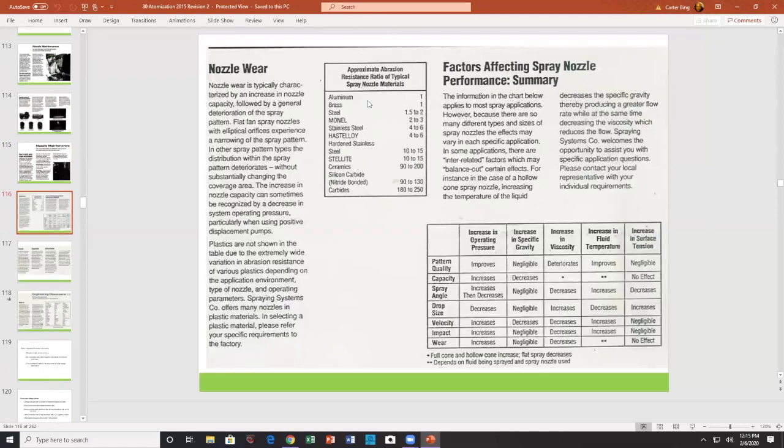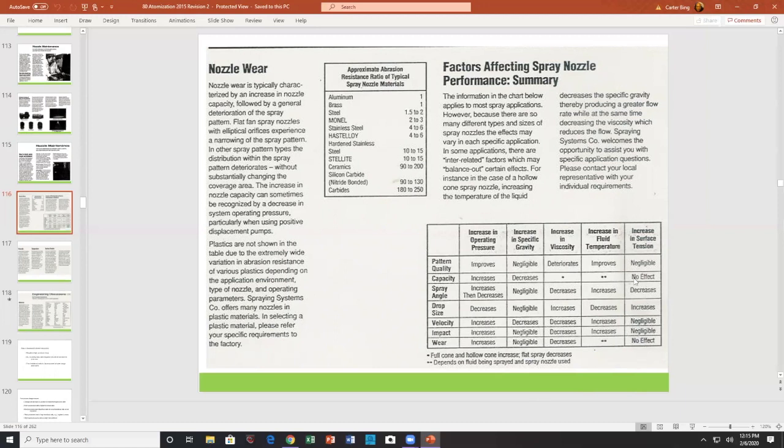Material of construction, increasing, this was given to you earlier, I think. If I increase operating pressure, what happens? Increase specific gravity or the density, what happens? Negligible. Increase in viscosity, some increase in fluid temperature, increase in surface tension. No effect, negligible.